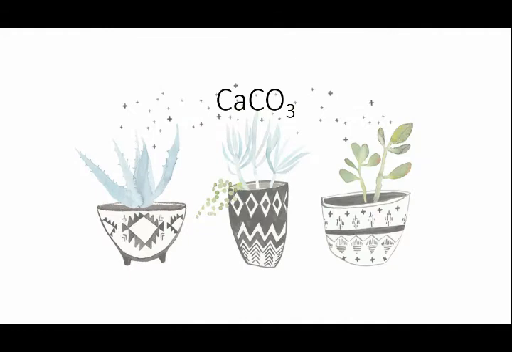Calcium carbonate is a compound that consists of anion and cation. The cation is calcium ion, while the anion is carbonate ion. If we realize, the anion for this compound consists of 2 atoms, which are carbon and oxygen.